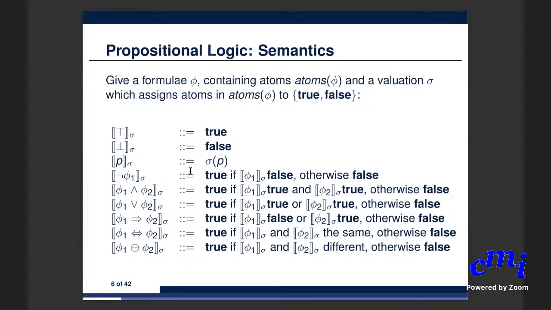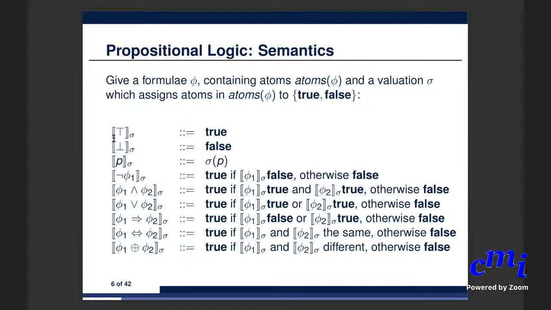If it is assigned true in the valuation, it's true; otherwise, it's false, as you'd expect. And the meanings of the various other logical connectives are defined inductively, that is recursively, based on the structure of the formula in terms of the truth value for the formula.